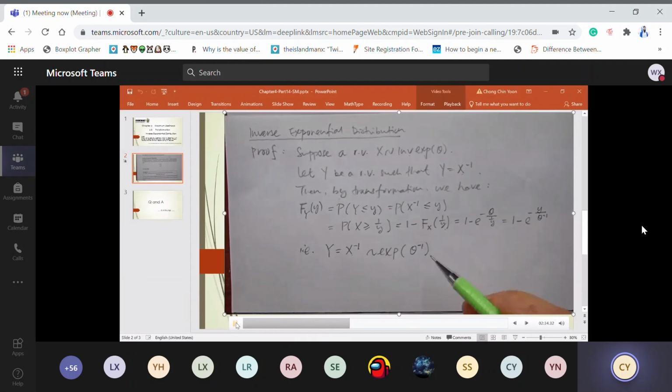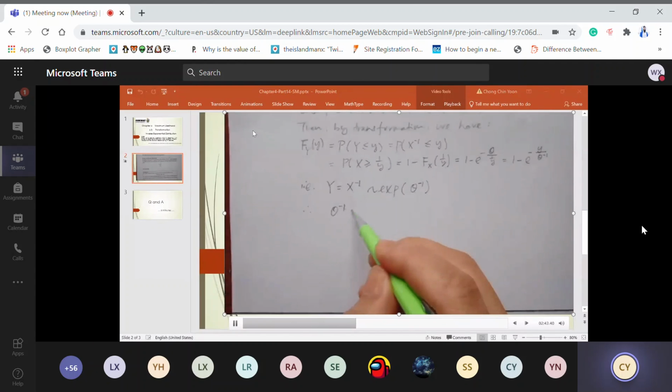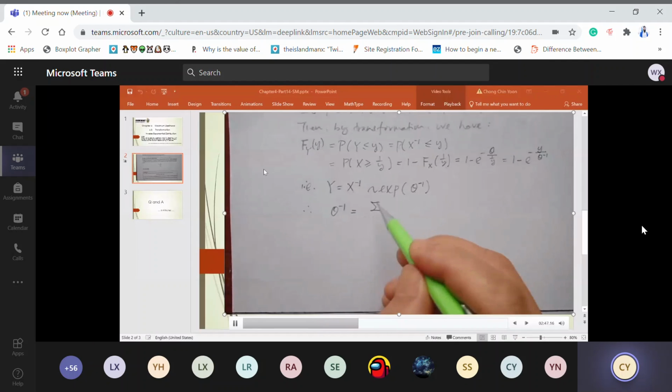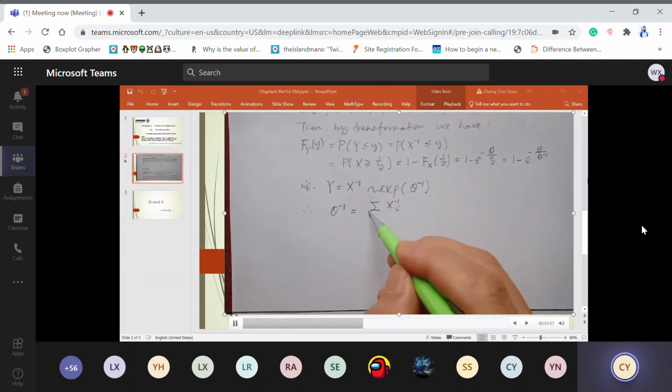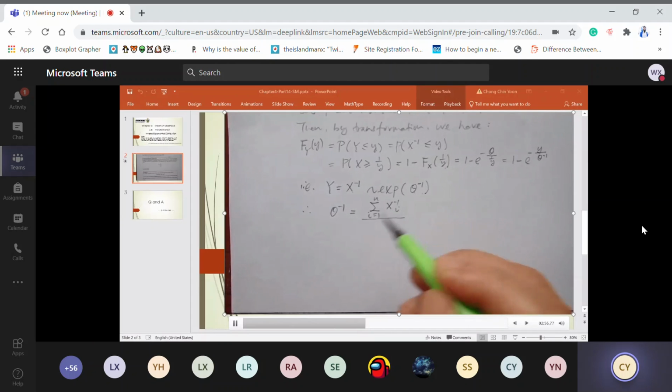So based on this exponential distribution, therefore, this parameter, which is equal to the sample mean, that is the summation of this observation from i equals 1 to n divided by the sample size, that is n.